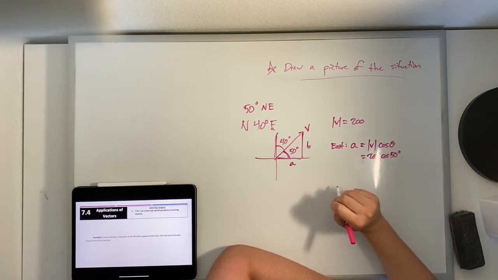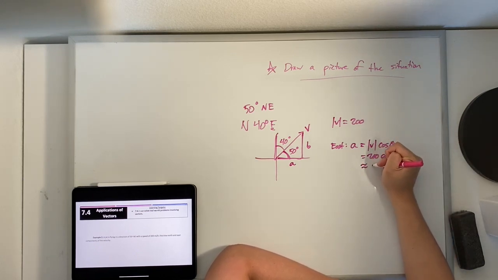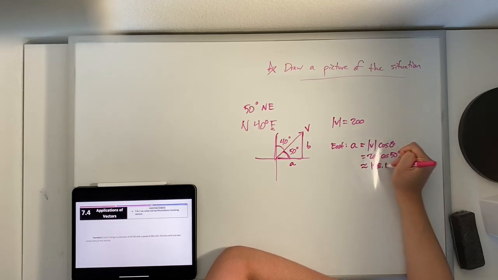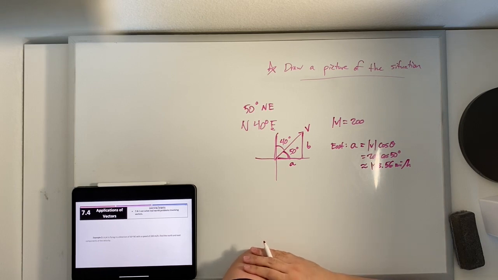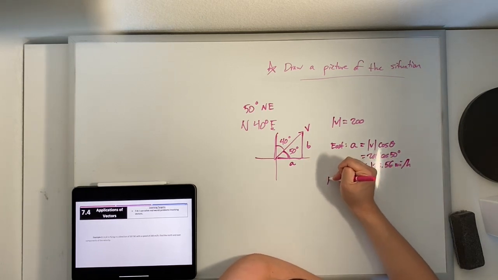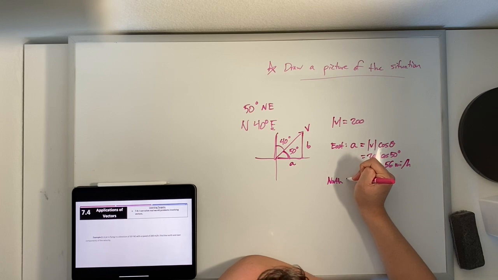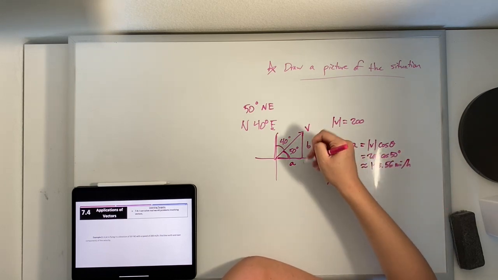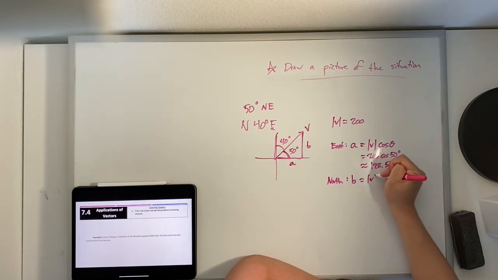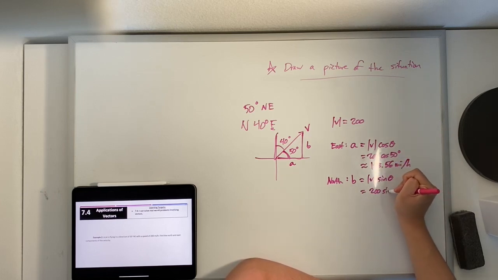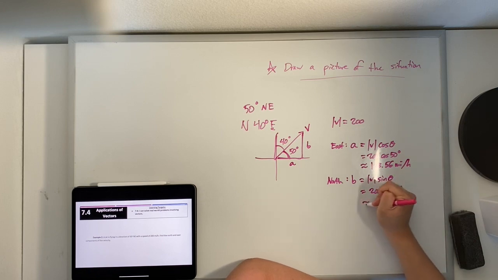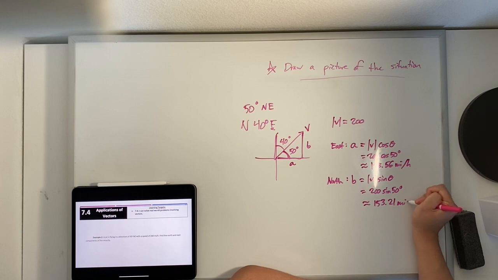Plugging all of that into a calculator and rounding to 2 decimal places, we get 128.56 miles per hour. The north component of this vector, that's our vertical component, b, which is the magnitude times the sine of the direction. 200 times the sine of 50 degrees, which is about 153.21 miles per hour.